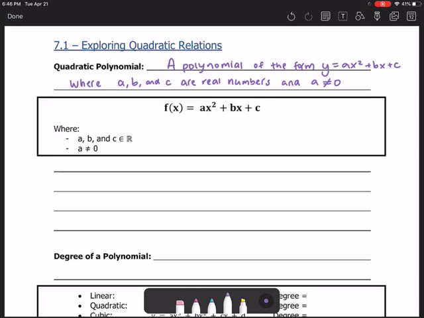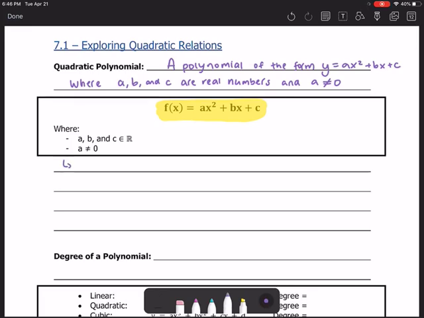Because if a is equal to 0, then we have 0 times x squared, which is just 0. So we only have bx plus c, which looks more like a line than anything. So a can't equal 0. This is our nice fancy function form of the same thing. And life is good.